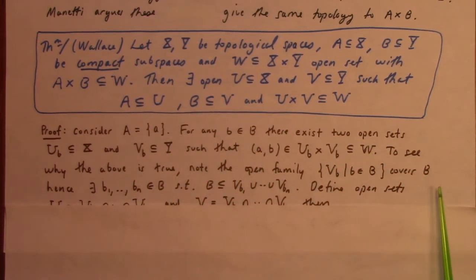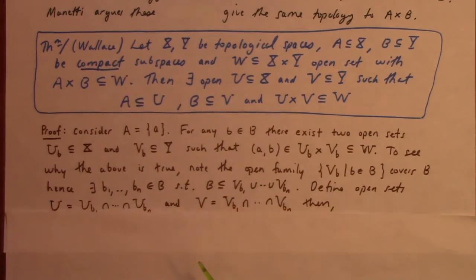Well, notice that if we look at the open family of such sets, V_b such that b is in B, that covers B. And if that's true, well, B is compact, which means that if we take an open cover of a compact set, there has to be a finite subcover, like so.